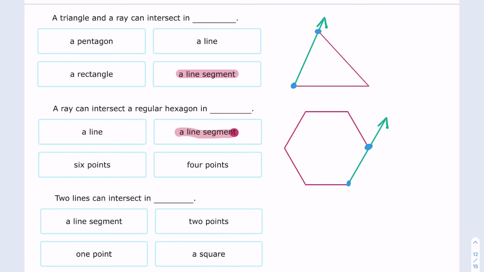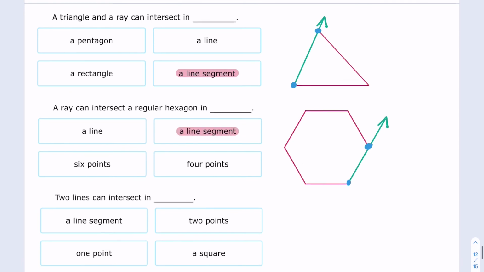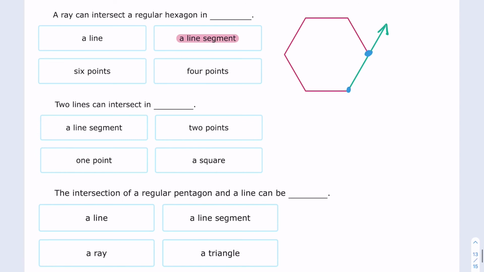Whoops, this isn't working. I don't know why you have to repair it each and every time here. Okay, two lines can intersect in just 1 point. Two lines intersect at 1 point, unless they lie on top of each other, then they are a line. But we're gonna grab that.